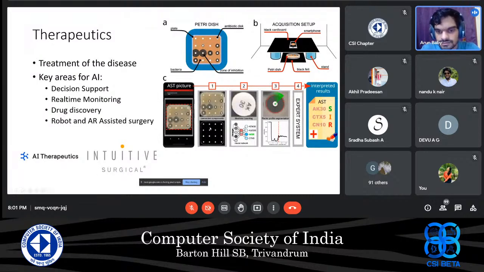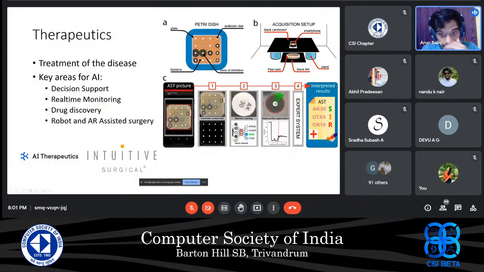this is a study which used artificial intelligence in the study of antimicrobial resistance. So here you can see the researchers have grown the bacteria, and they have put several types of antibiotics in them.